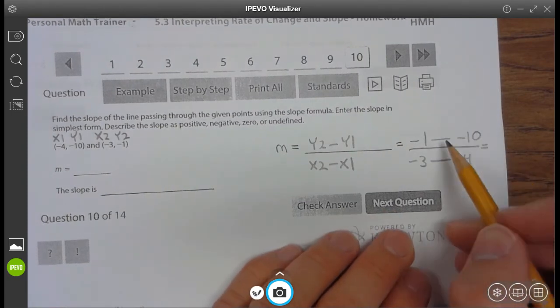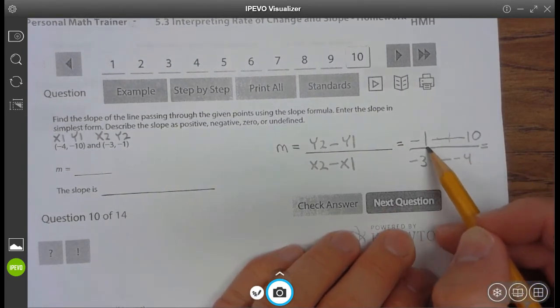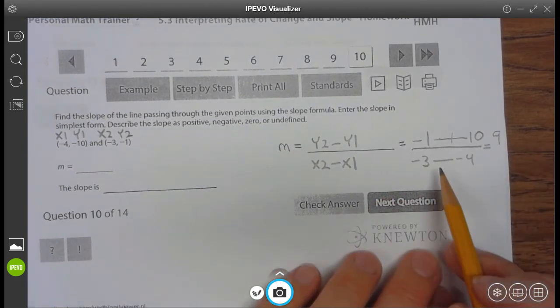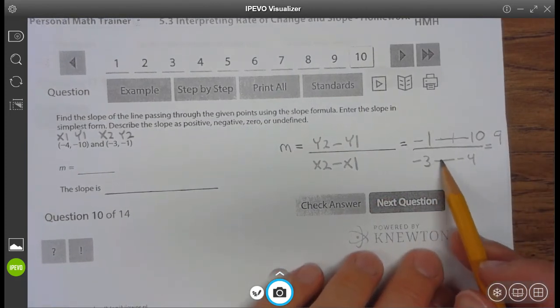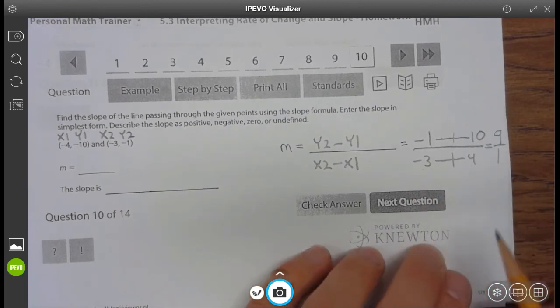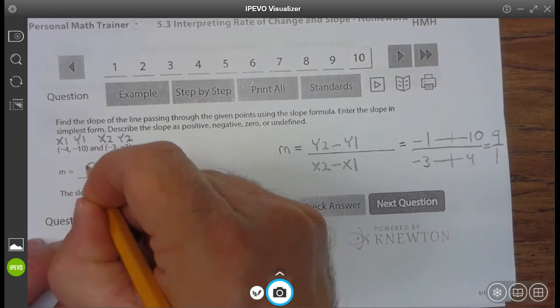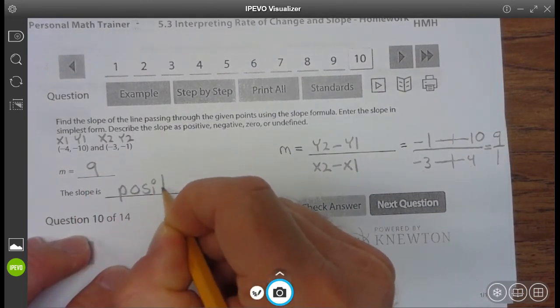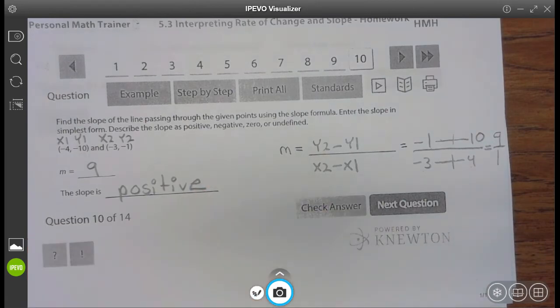Well, a negative and a negative becomes positive. So you have negative 1 and 10 is 9. And then a negative becomes positive. So negative 3 and 4 is 1. So your slope is 9 divided by 1. So your slope is 9. And the slope is positive. All right, go and finish up example 10.